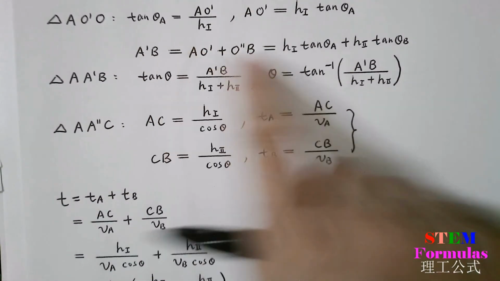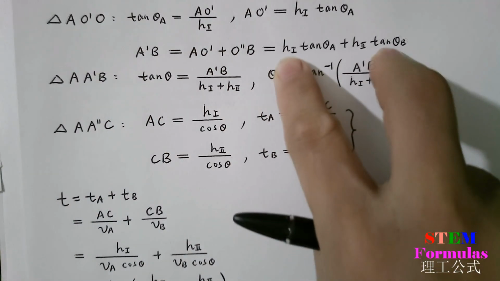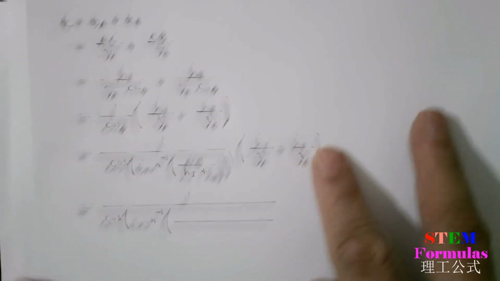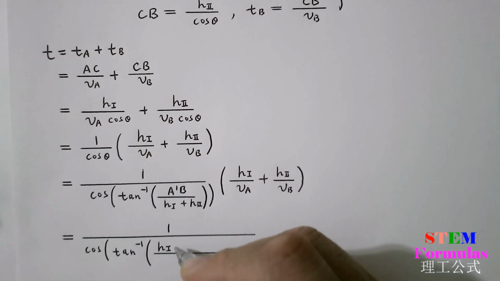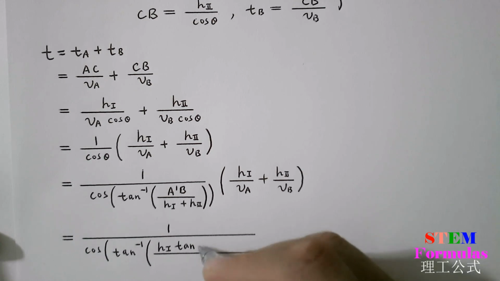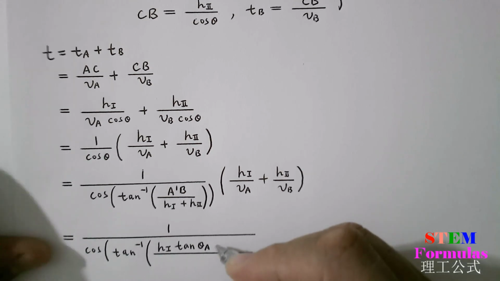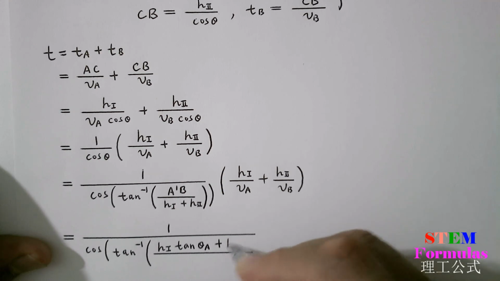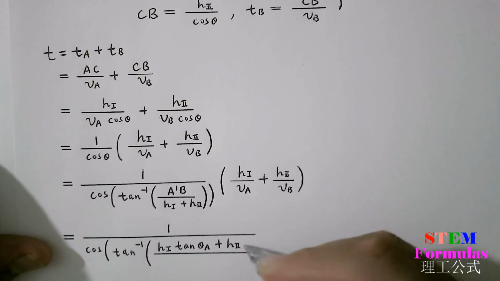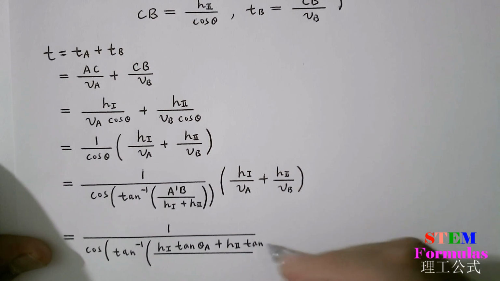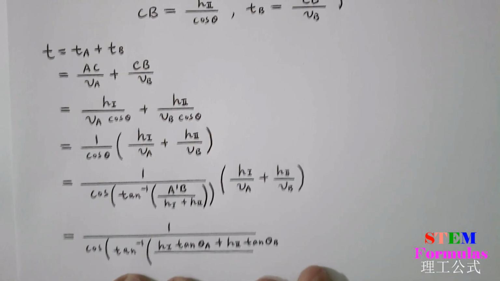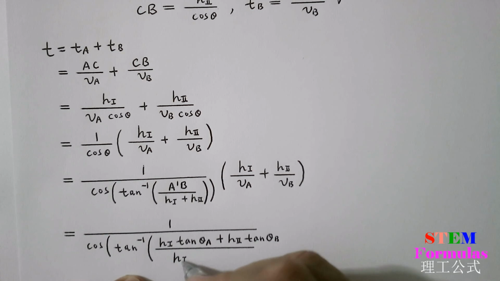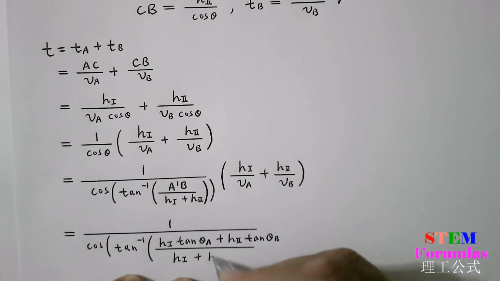So I substitute this equation to here. I get H1 tangent theta A plus H2 tangent theta B. Then H1 plus H2.